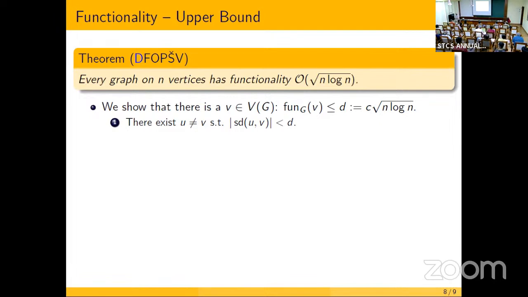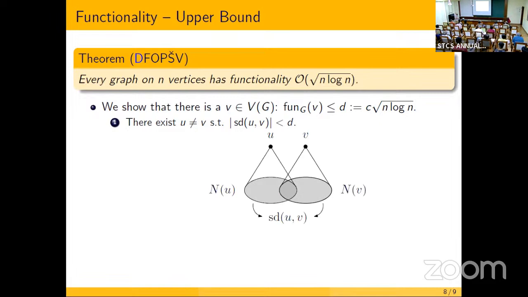The symmetric difference of two vertices: you take two vertices and count the private neighborhoods of u and v. You look at all neighbors of u and all neighbors of v, and you count the vertices that are connected to exactly one of them.